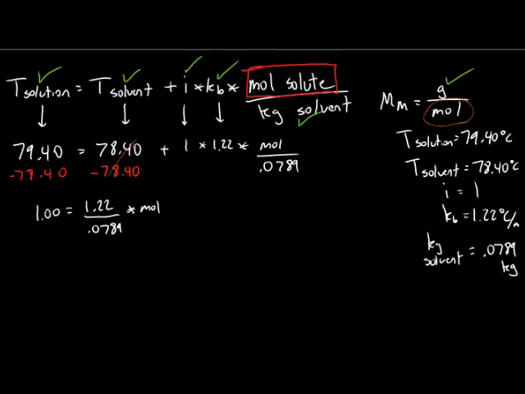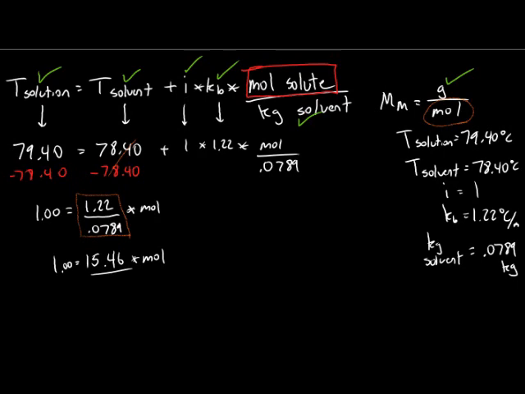Now, it may be simpler here to simplify this fraction down to a decimal number. And so divide this in your calculator. 1.22 divided by 0.0789. When we divide, we'll get 15.46 multiplied by our moles that we still don't know is equal to 1.00.